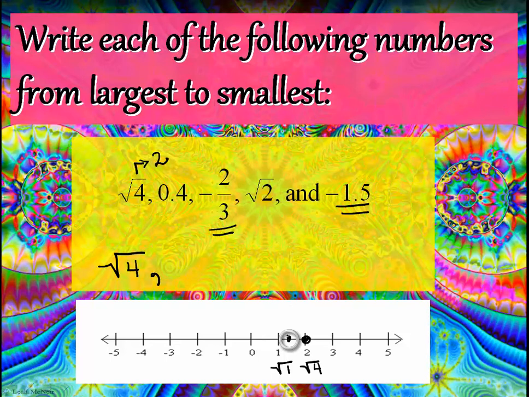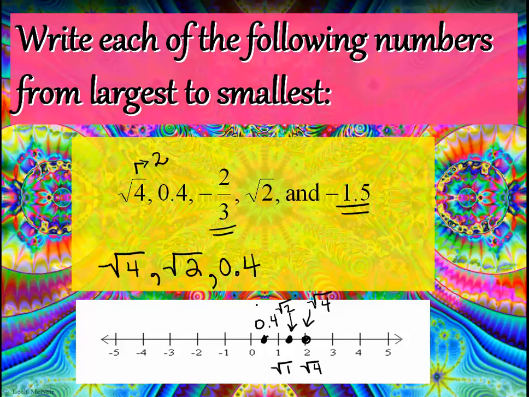So the square root of 2 is in between 1 and 2. That means the square root of 2 is my next largest number. 0.4 is somewhere between 0 and 1, and it's just a little bit less than half. So 0.4 is my next number.